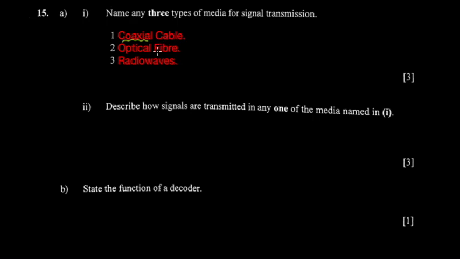So TV stations mostly. Optical fiber, we'll be describing one of them here, so we'll be describing optical fiber, so won't go there. But then radio waves, it's also a mode of transmission. So we also use radio waves to transmit signals. So it's also a medium.